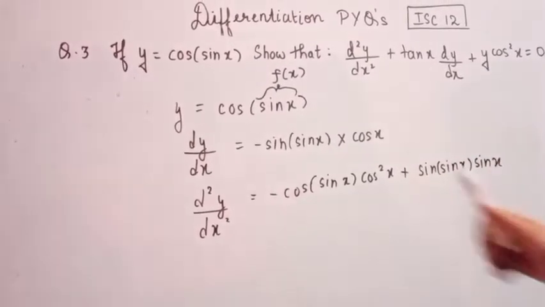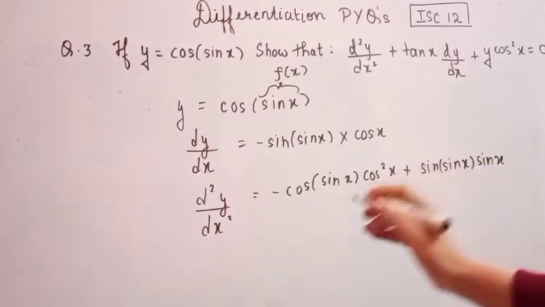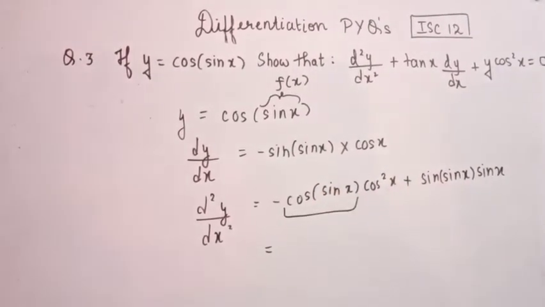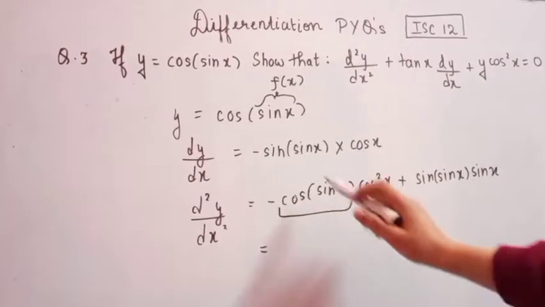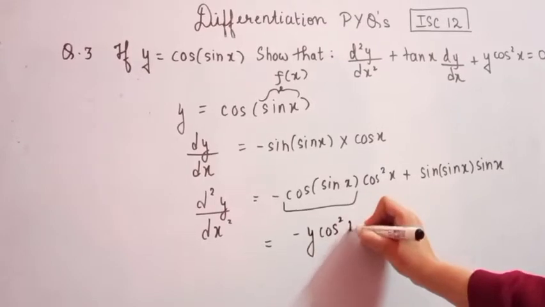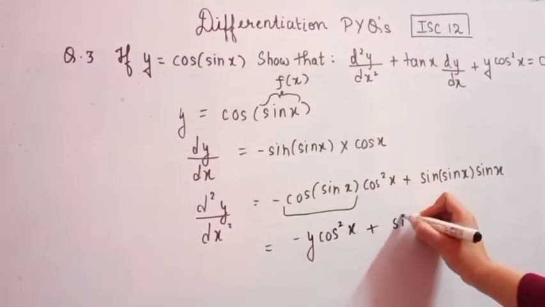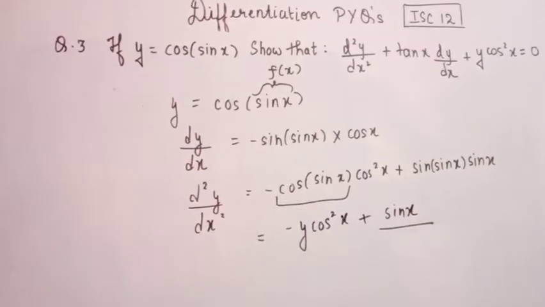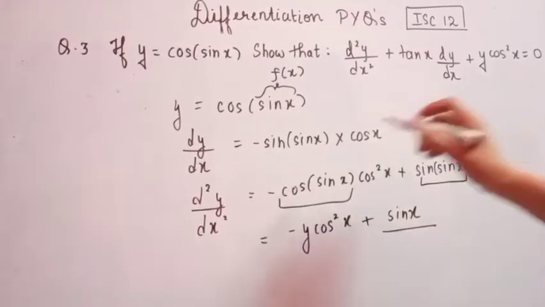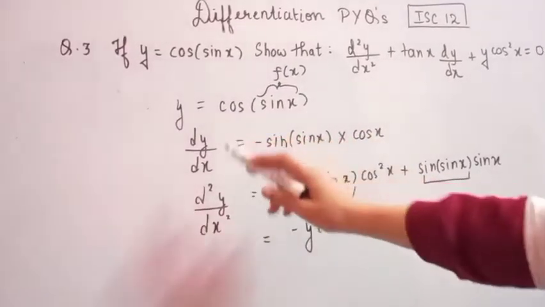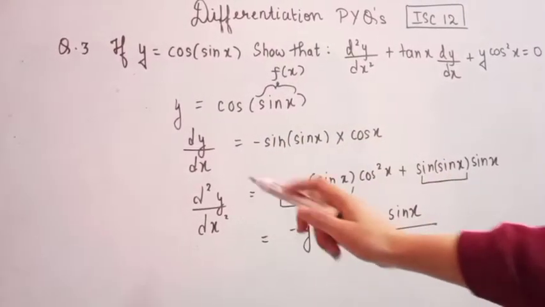If you notice, I have applied product rule here. Just notice that cos of sin x, it is equal to y. So we can write minus y cos square x plus sine of sin x. If you notice this, minus sine of sin x is equal to dy by dx upon cos x with a negative sign.